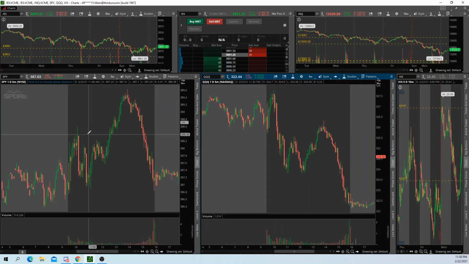Okay. So as pictured, I have a 5-minute chart on the SPY and a 5-minute chart on QQQ. Okay. So this is what I noticed throughout the market session. And this is another reason why I took Microsoft and Apple trades and why both worked out well.